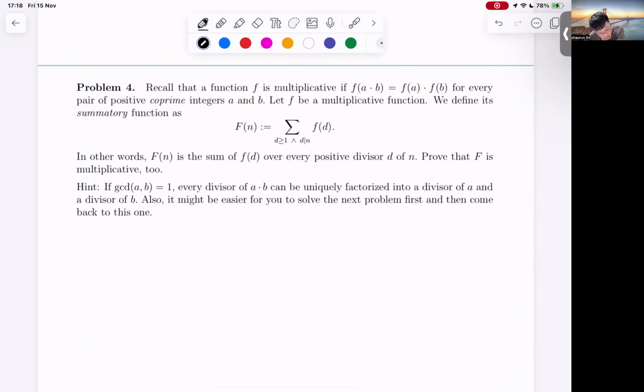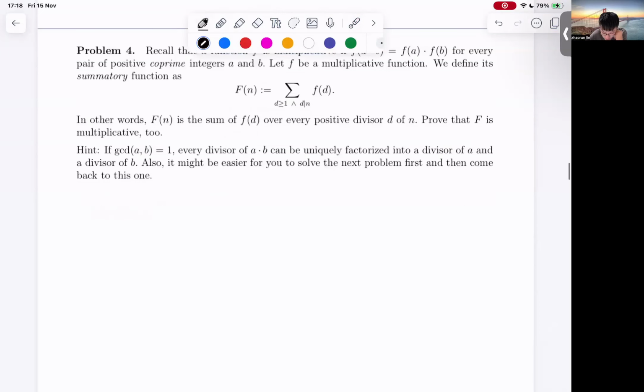We have a function f is multiplicative if f(ab) equals f(a) times f(b). And we want to prove that this summatory function, if we sum up f over all of the divisors of n, where f is a multiplicative function, is also multiplicative.